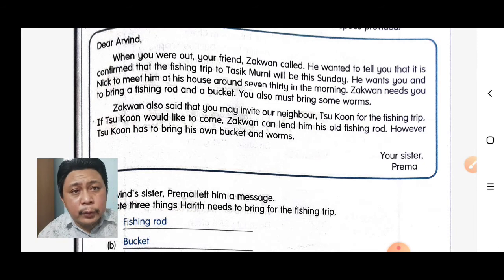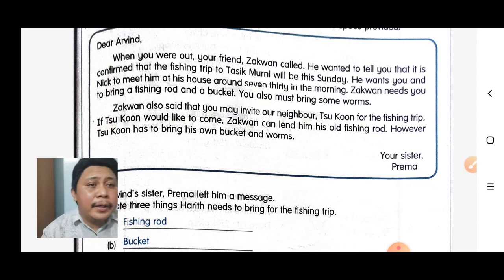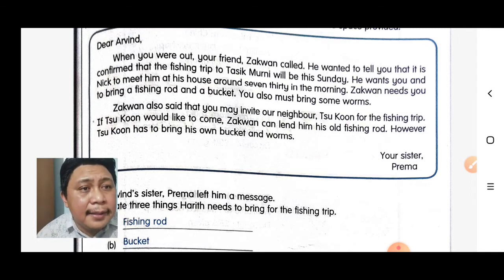Zakwan needs you to bring a fishing rod and a bucket. You also must bring some worms. Zakwan also said that you may invite our neighbor Shukun for the fishing trip. If Shukun would like to come, Zakwan can lend him his old fishing rod. However, Shukun has to bring his own bucket and worms.